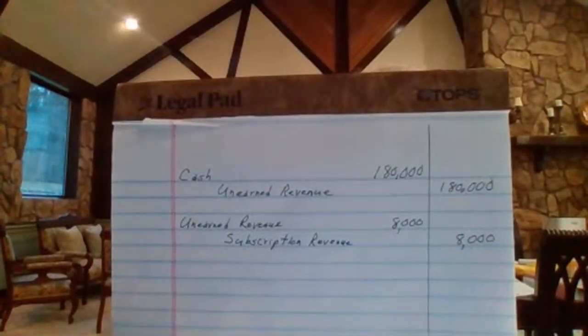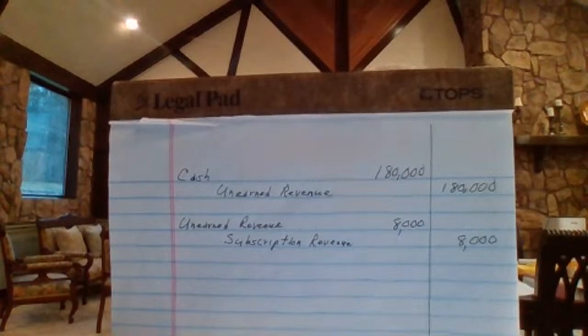And transferring it to the income statement by putting it into a revenue account, and let's call it something somewhat descriptive of it, subscription revenue. The revenue account is a normal credit balance, so we will credit subscription revenue for $8,000.